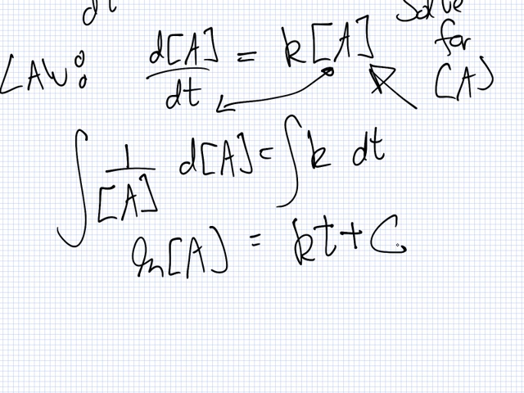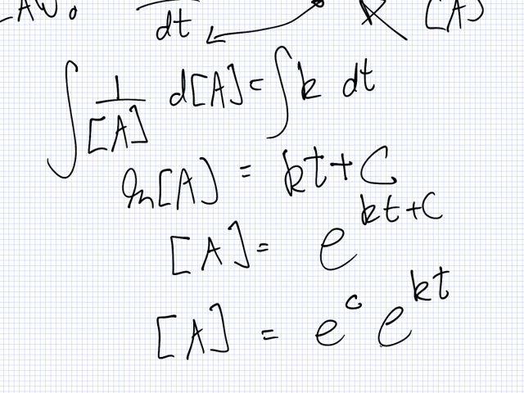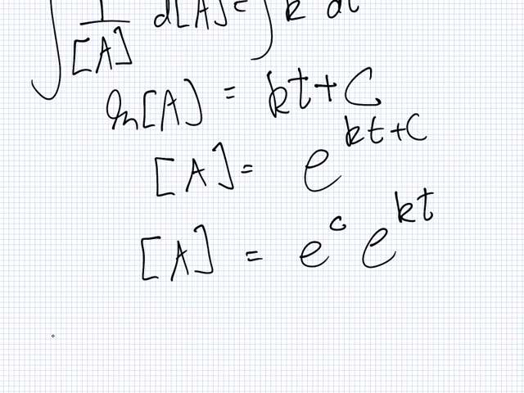Do I want log A? I do not. What do I want? A. So I should use e. Very good, children. A equals e to the kt plus c. Let's clean that up more: A equals e^c times e^kt. e^c is a constant, since c is a constant.